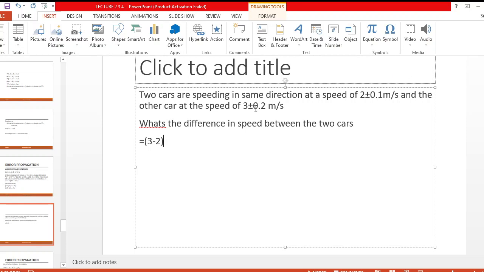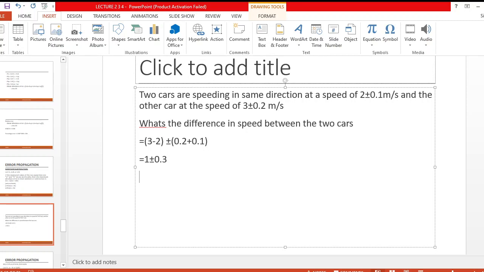Now in terms of the error in measurement, it will be the summation of the absolute errors. So that's basically what the statement is talking about. So our answer will be 1 plus or minus 0.3.